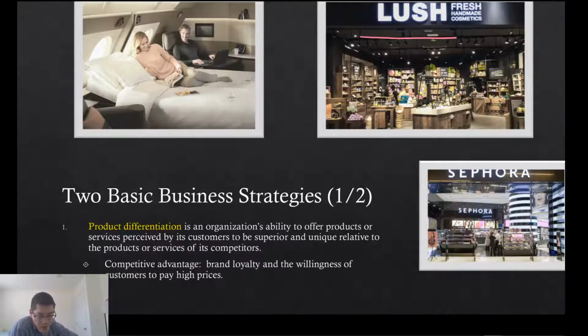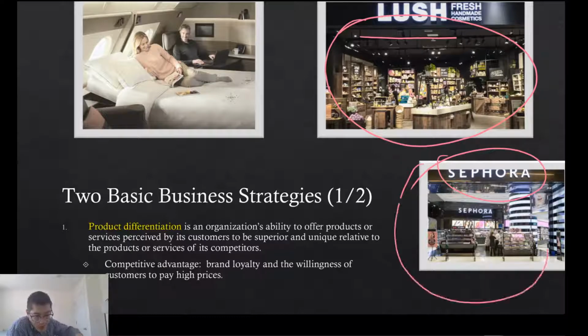Okay, they offer handmade cosmetics, and their competitors, not really their competitors, but there are some other cosmetic stores like Sephora on the market. But really Lush, they are offering products that are handmade, environmentally friendly, and in terms of those kinds of features, they are offering something to make customers feel like they are high quality.